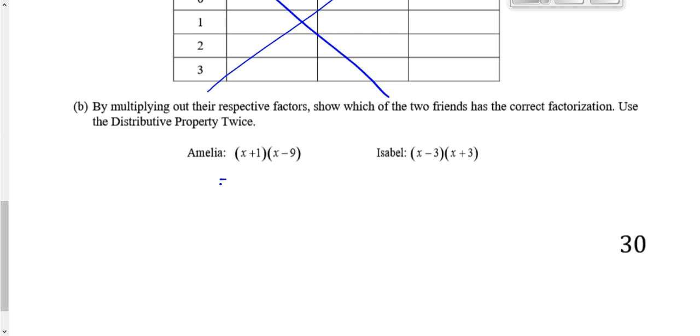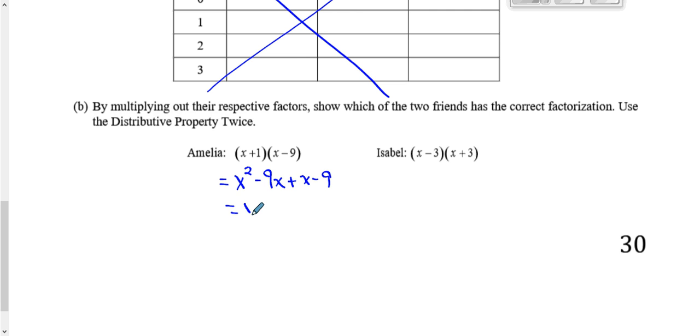Let's distribute twice here. What do we get? X squared minus 9x, plus 1x, just x, minus 9.